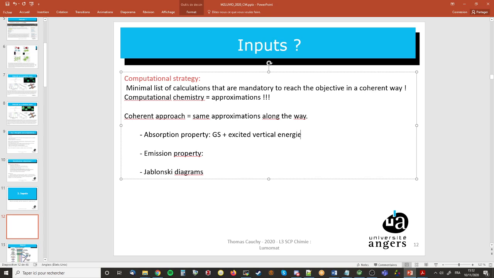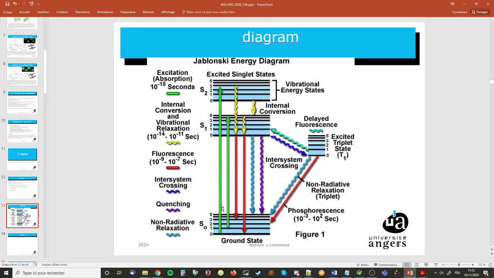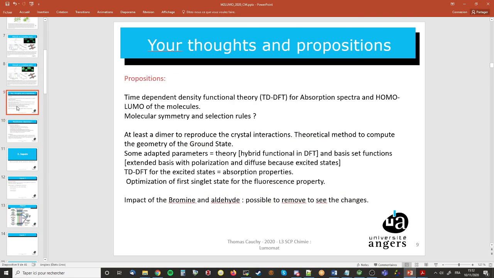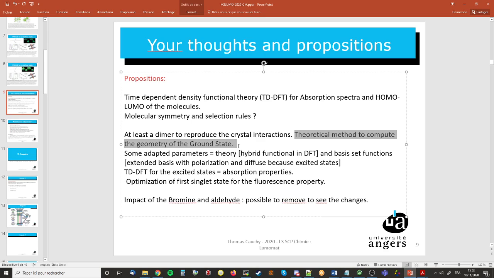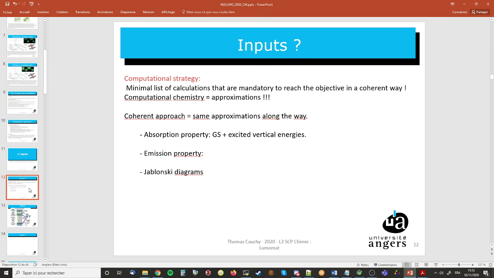If I look at the Jablonski diagram, when you do some spectroscopy, you always need the ground state information. You need a correct, relaxed ground state. So you need a theoretical method to compute the geometry of the ground state. So here you need an optimized ground state.